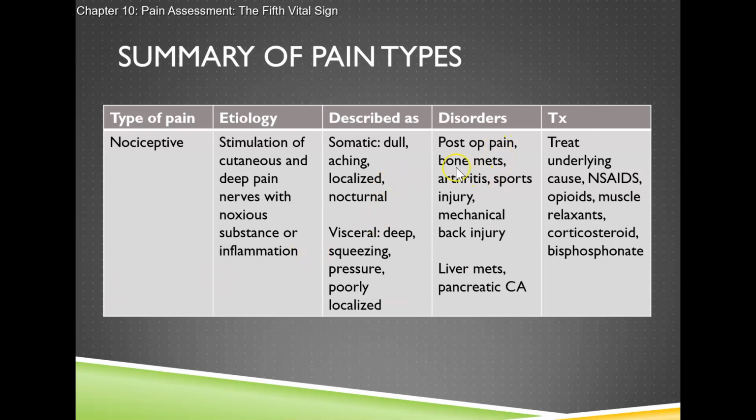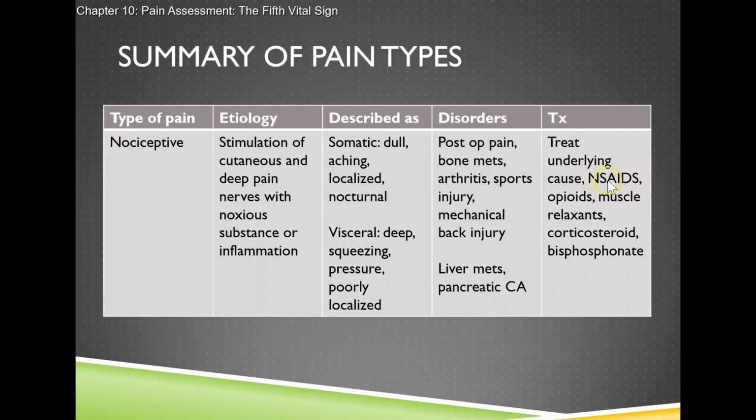Disorders, all types of disorders, post-op pain, bone mets, which is bone cancer, arthritis, sports injury, a mechanical or back injury, cancer, liver mets. All of these are things that you would see when you talk about nociceptive pain. So you would treat that underlying cause, whatever the cause, and treating the underlying cause may mean that you might have to get something removed or have a surgery.